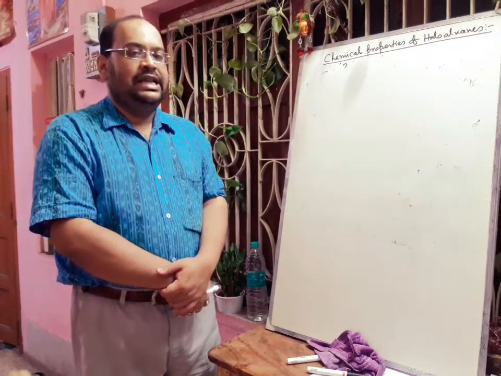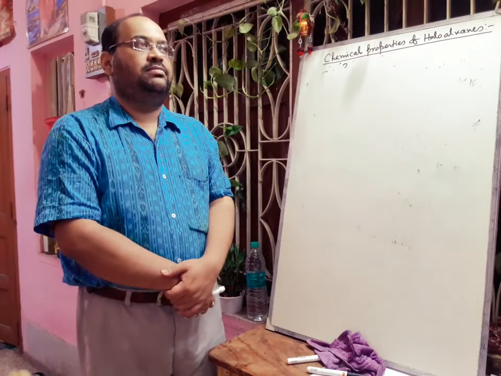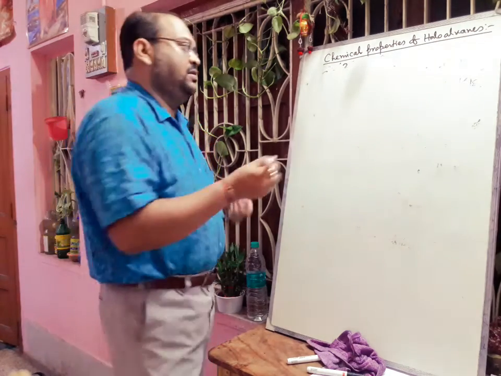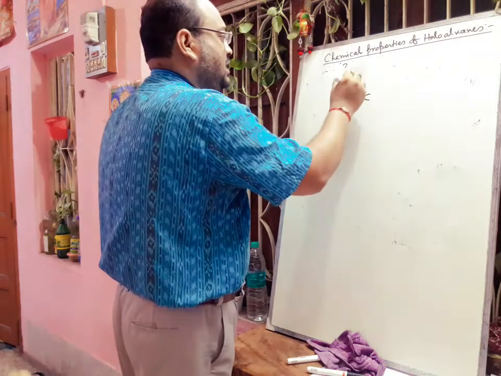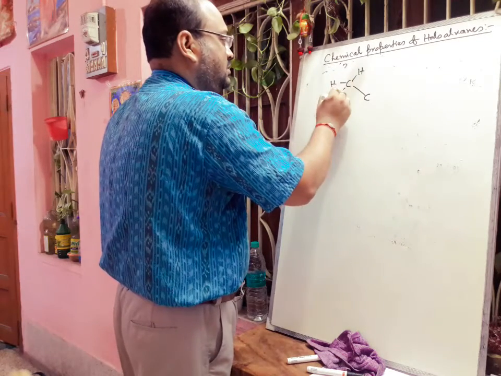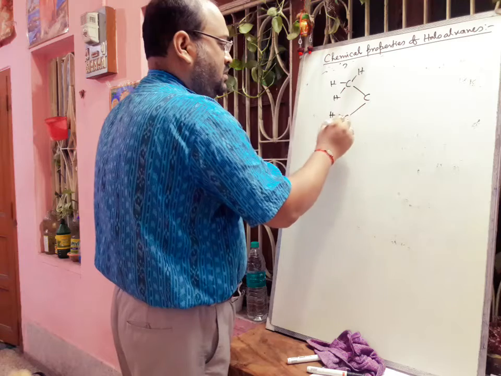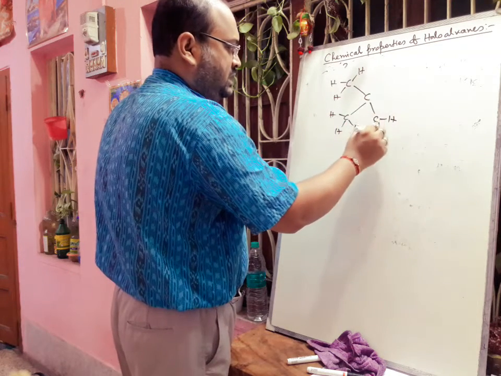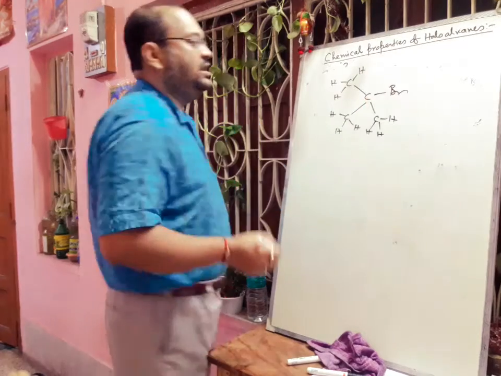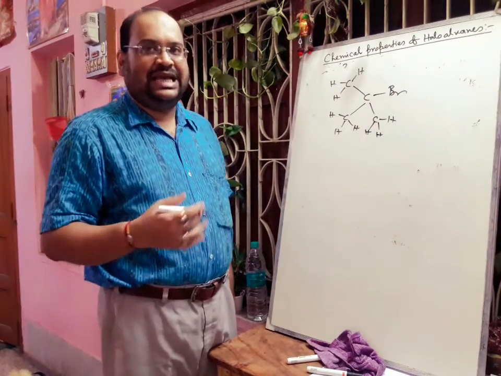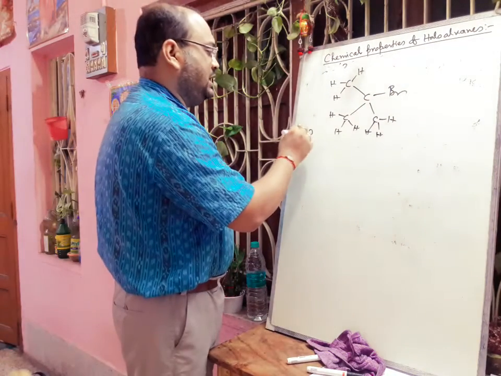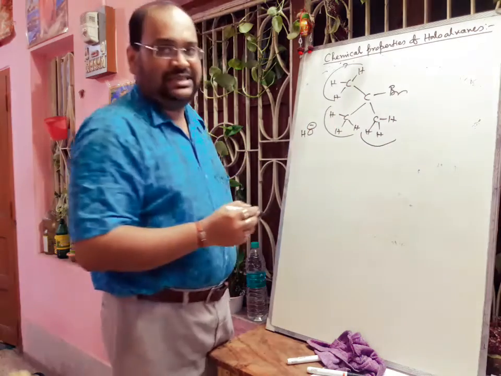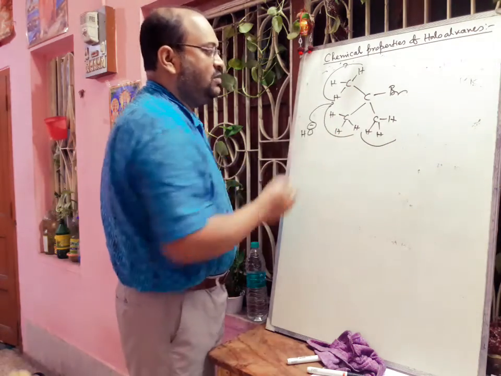If we increase the branching, or if you think about the tertiary alkyl bromide, for example tertiary butyl bromide, then if we think about the backside approach of the nucleophile, suppose we are taking OH minus, here it is sterically hindered, there is no space for this OH minus to attack.